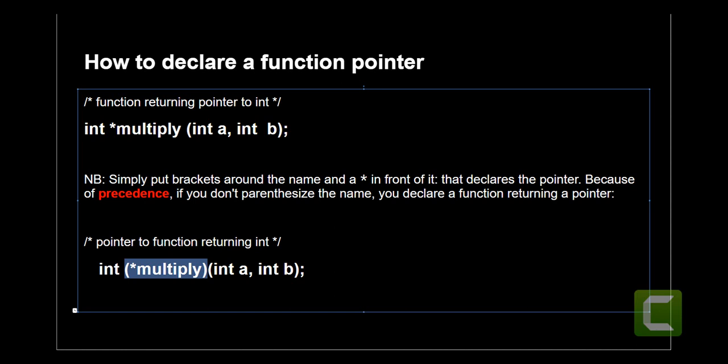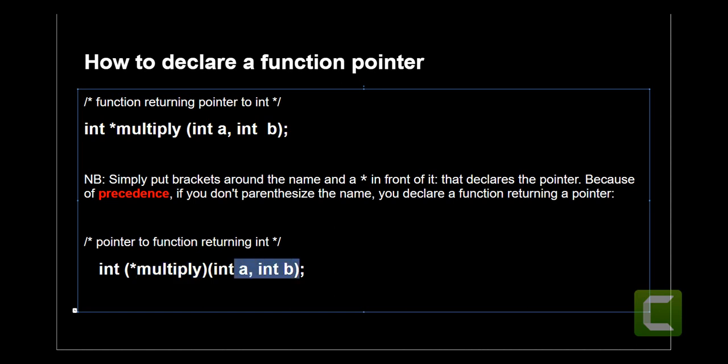If you don't put the brackets, you mess up and you get very different results. So by simply putting brackets around the name of the function and having an asterisk in front of the name of the function, you have simply declared a function pointer.